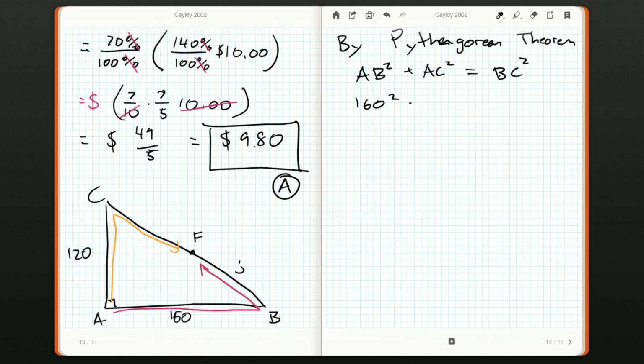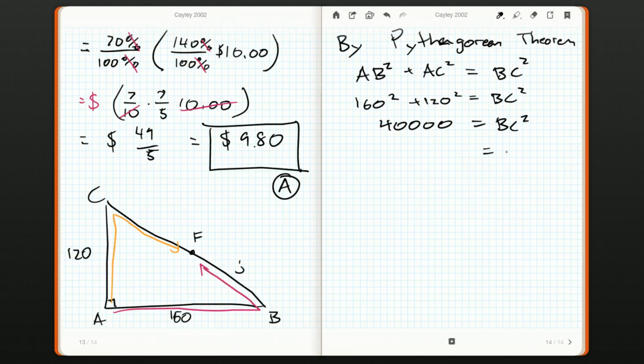So that's 160 squared plus 120 squared is equal to BC squared. I'll work it out on my calculator. 160 squared is 25,600 plus 120 squared, 14,400, which gives 40,000.